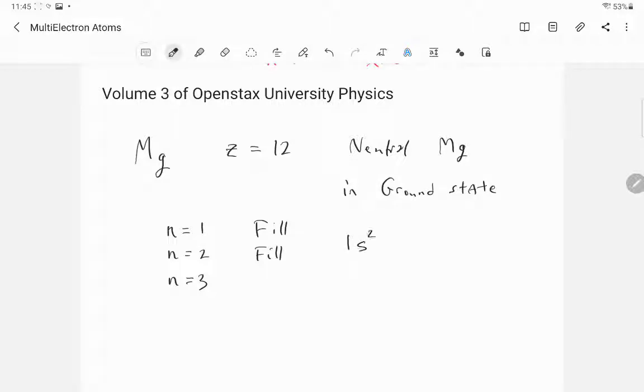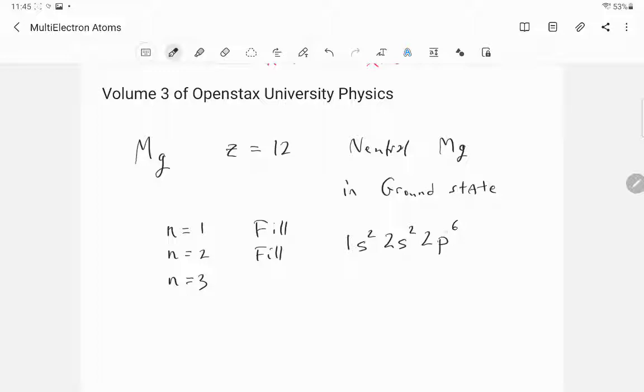So 1s2. That's how you fill, right? Because we're in n equals 1, the orbital angular momentum quantum number L cannot have a value bigger than 0. So we're done with n equals 1. N equals 2, though, you start by filling the s, and then you finish by filling the p.